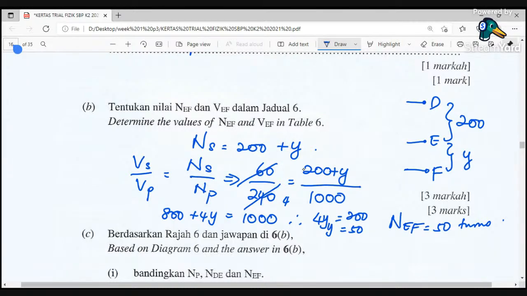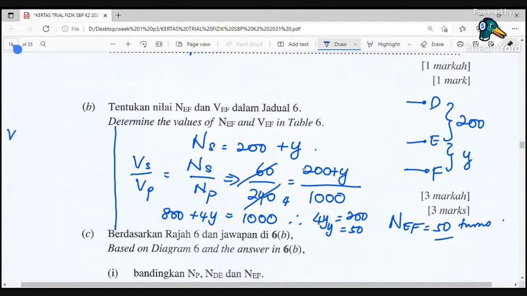Okay, so what is VEF? Let's say you connect to the terminal of E and F, number of turns is 50. Now you want to find V. Okay, so I write in here, not enough space.